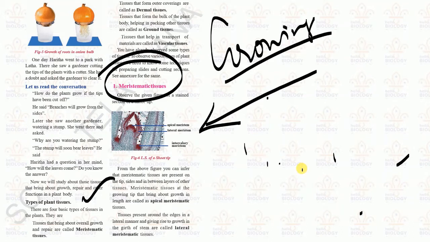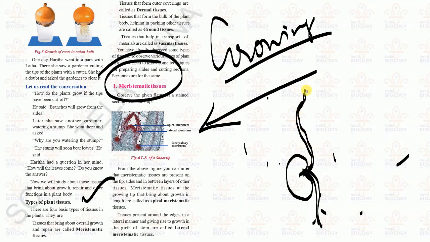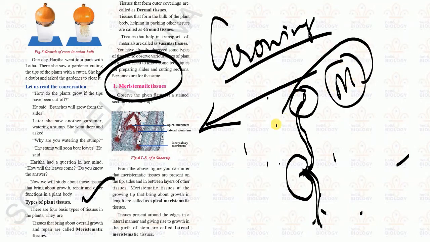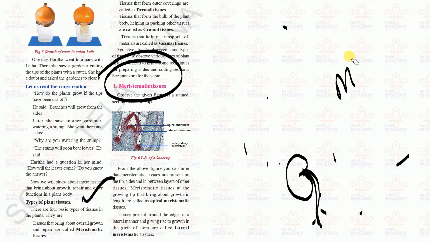Shoot tip means, for example, this is one seed, roots have grown, and this is the shoot system. We focus this part under the microscope, and then we get this picture. Understood?